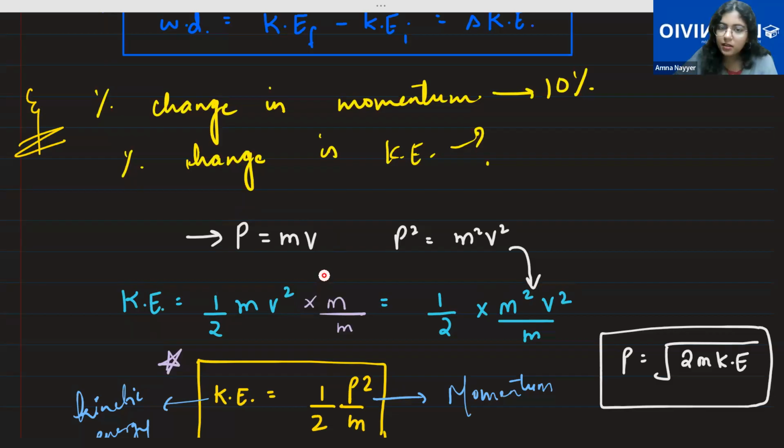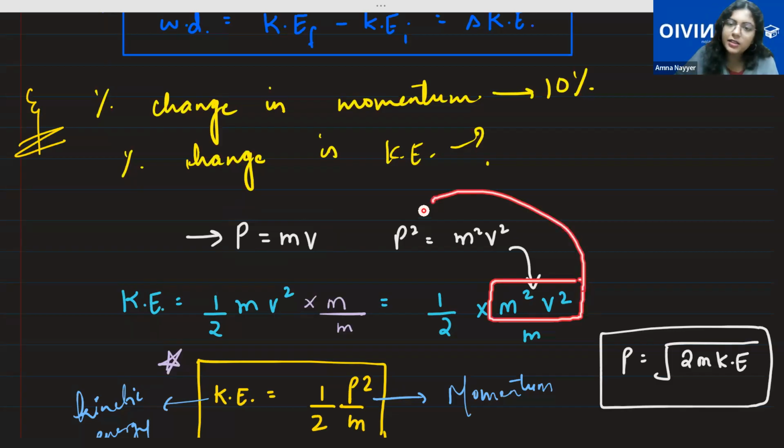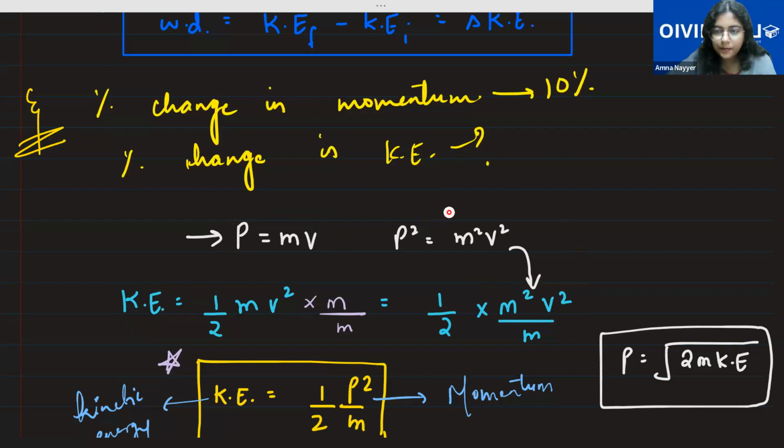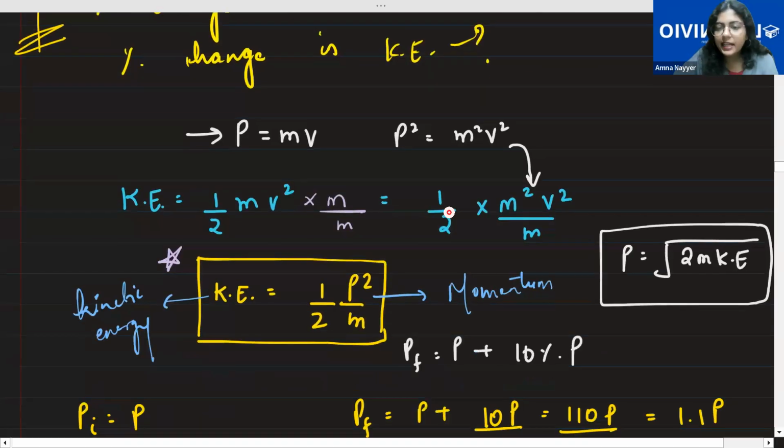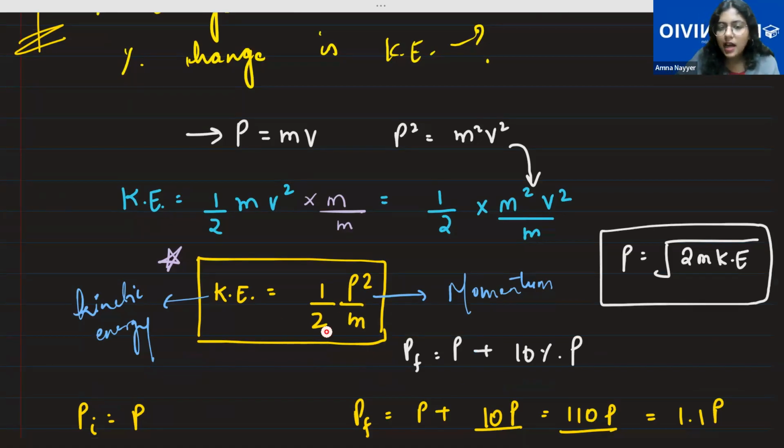Half mv square was there, right? We just divided and multiplied it by m. So that gave us m square v square, which is nothing but square of momentum. Got this point? Yes, ma'am. So this is basically a relationship between kinetic energy and momentum. That is half P square by m, or P square by 2m.